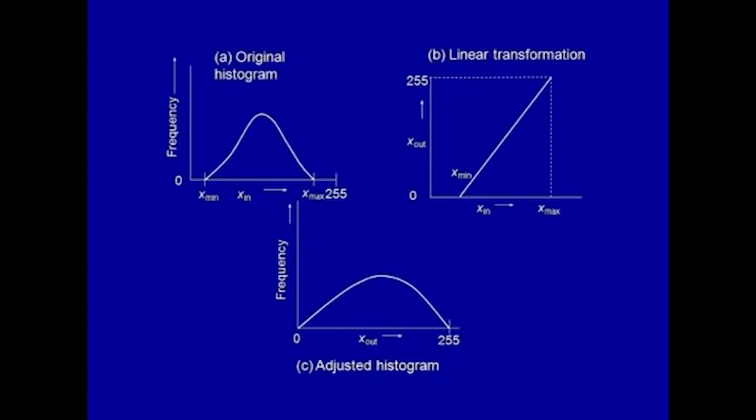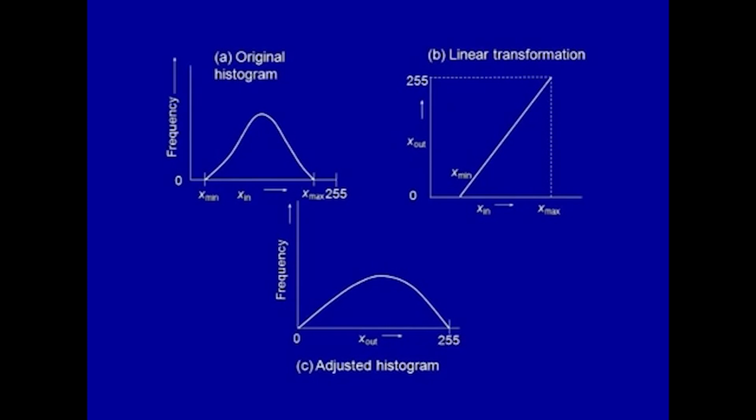It is slightly shifted towards the right hand side. Well, there can be many reasons for this, but it is a clear indication that we are not using the full brightness scale. Similarly, the x_max value does not coincide with the maximum value of the brightness scale. It is slightly shifted leftwards. Again, it means that the brightest object in the image is not corresponding to the brightest color in the brightness scale.